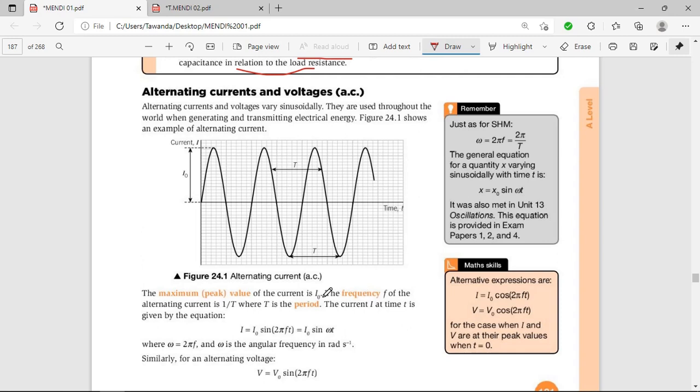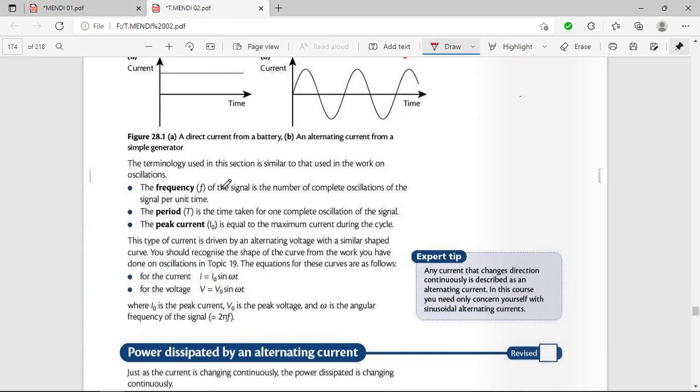Then the frequency of the alternating current is 1 over T. Meaning to say the frequency of the signal is the number of complete oscillations per unit time, and T is the period, the time taken for one complete oscillation, and peak value, the one we have indicated, is the maximum value of current or voltage.